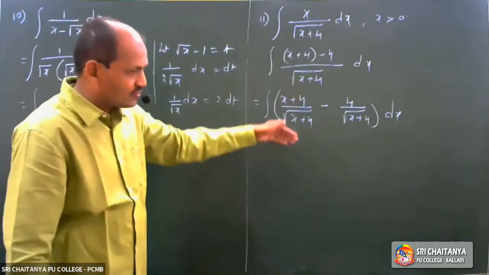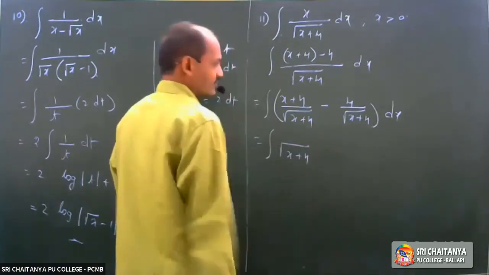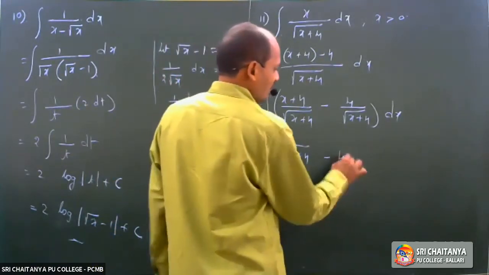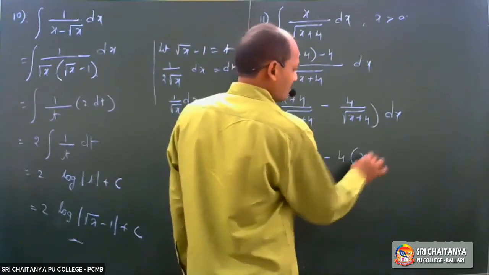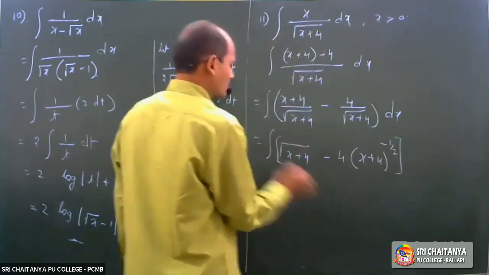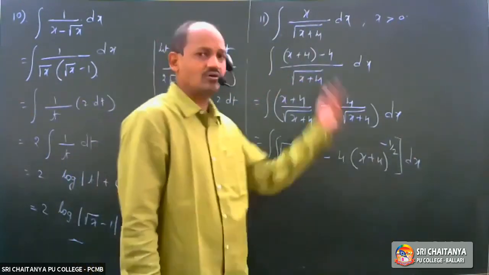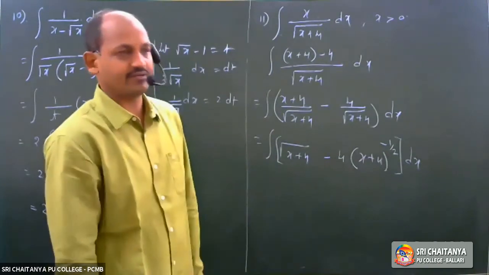x plus 4 by root of x plus 4 is the root of x plus 4, minus 4 into x plus 4 whole power minus 1 by 2, whole dx. 1 by root, so moving it to the numerator we get a negative.